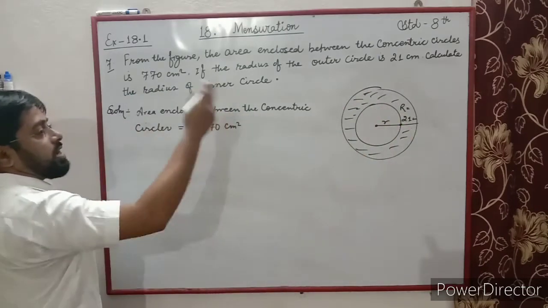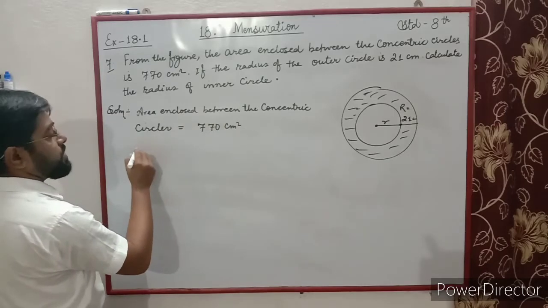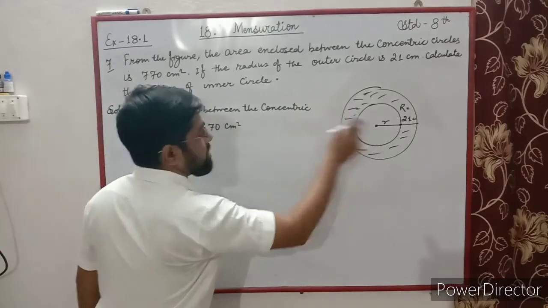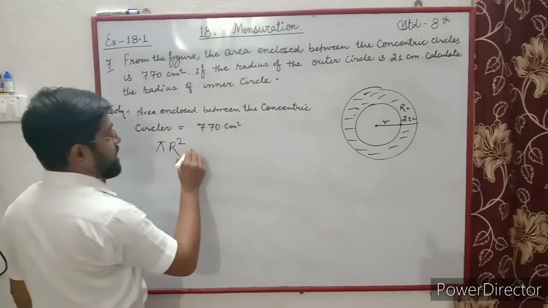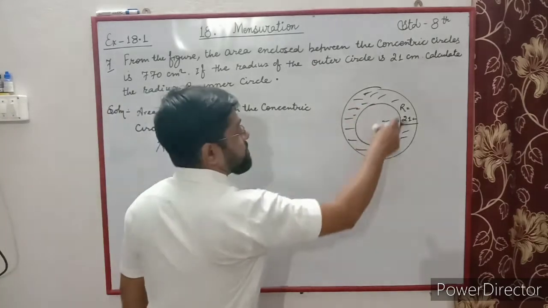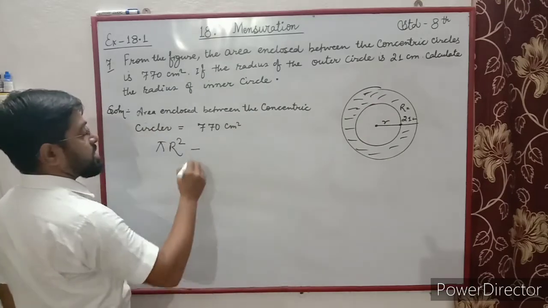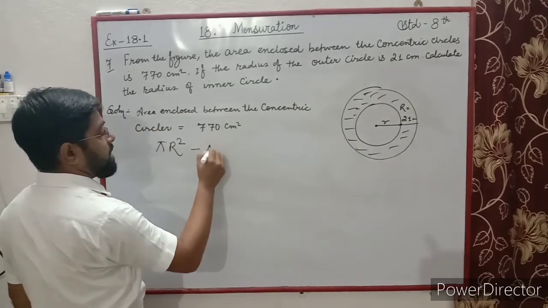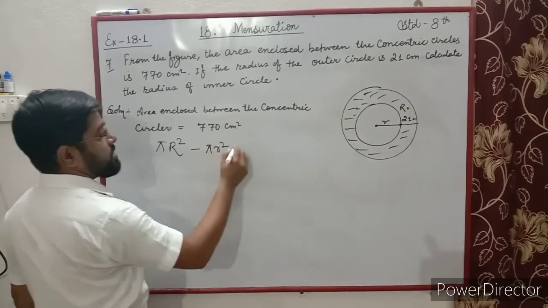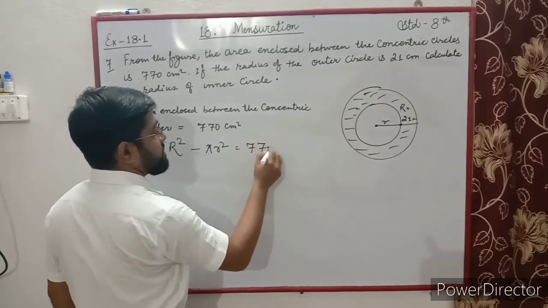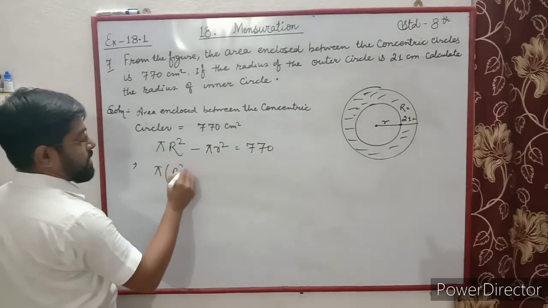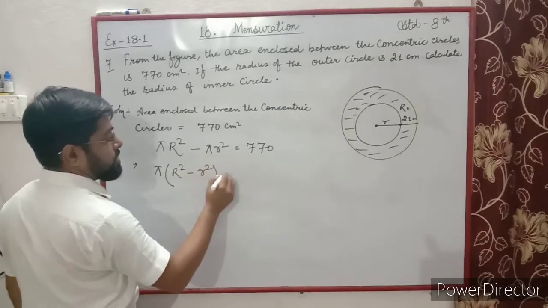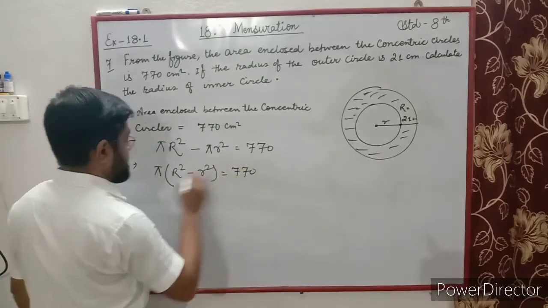So area of the outer circle, so we can write here area of the outer circle is pi capital R square minus area of inner circle, pi small r square is equal to 770. Now pi will be common, R square minus small r square is equal to 770.